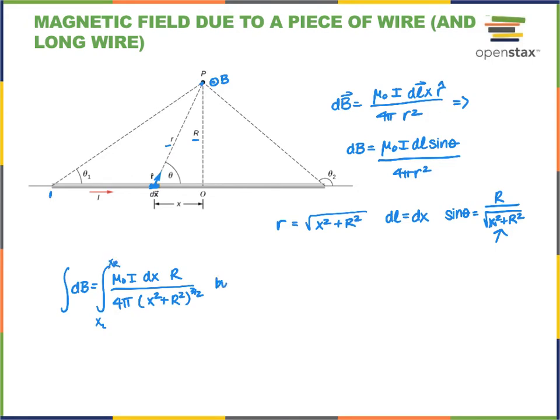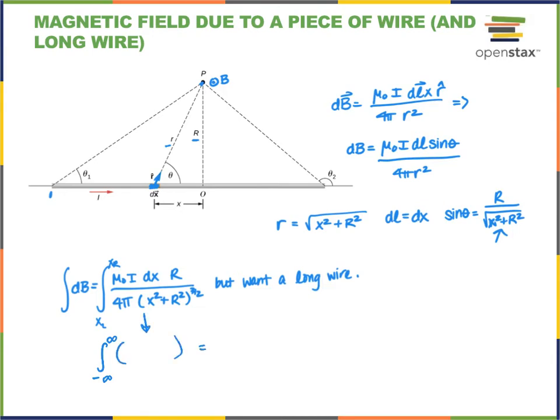But we want to look at a long wire. We want it to be infinitely long, so that we would do this integral with limits from minus infinity to infinity.